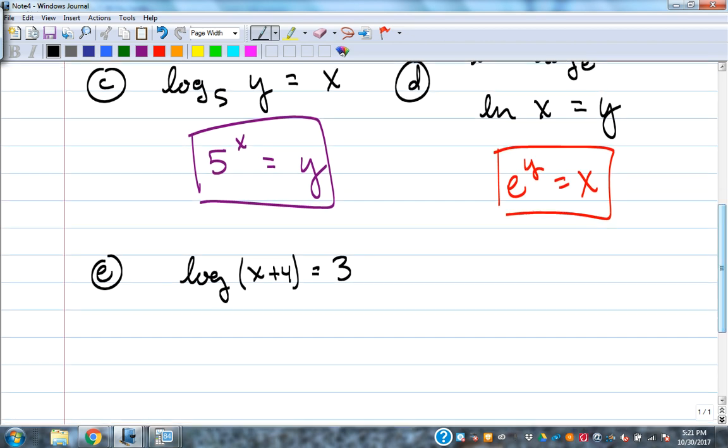All right. So here they wrote log. They didn't write a base down there. Does anybody know what base number system we live in? Do we live in base 6, base 10, base 2? Base 10 is the number system.